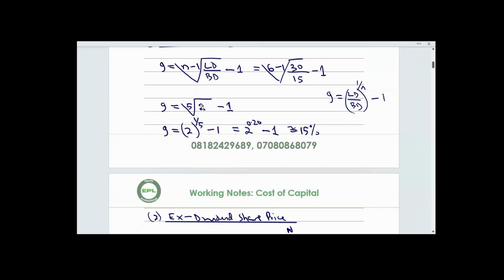Okay, did you put second function? If you don't put second function, you won't get it right. The second function symbol or sign is in your calculator. That's why I converted it, because I know some students will have challenges with the second function. So that's what I converted it to. All right.